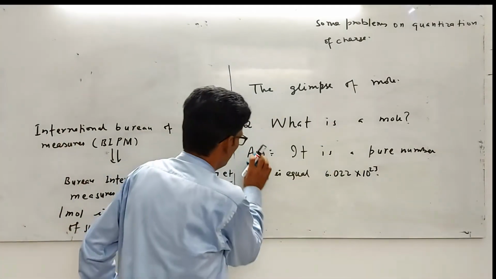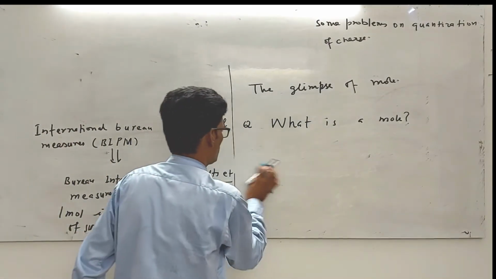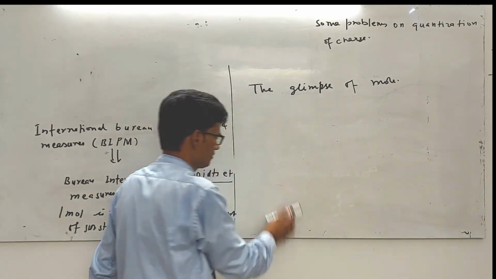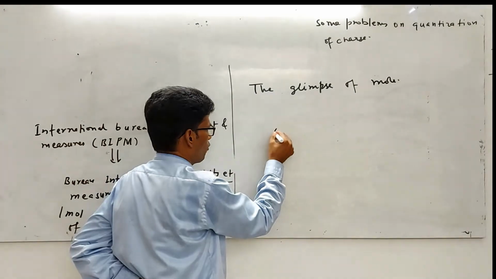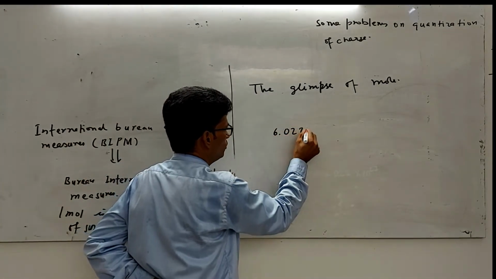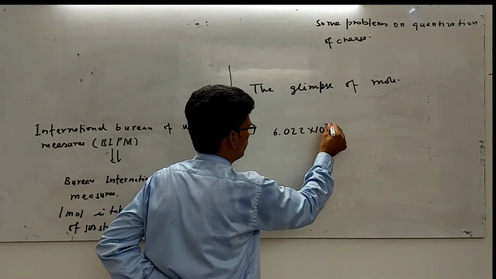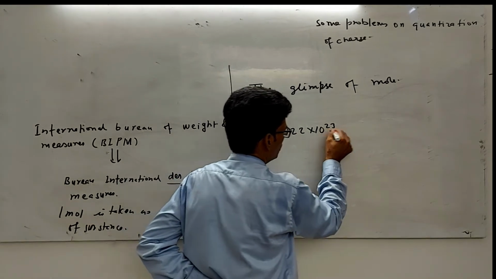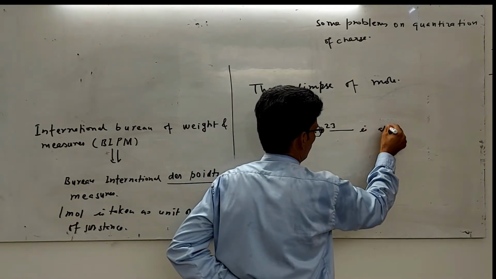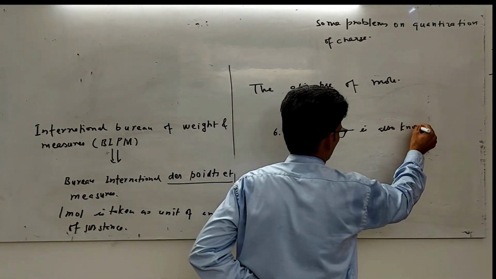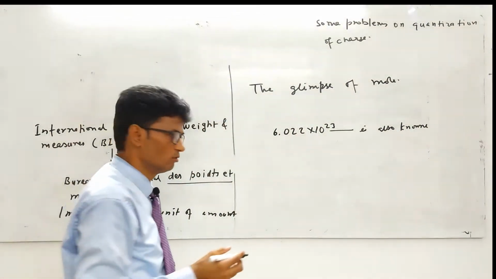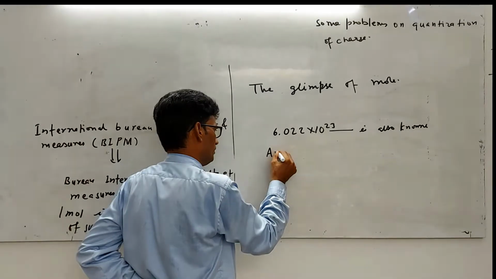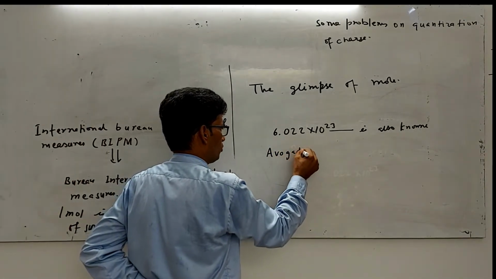So these are the things. Now, this rounded approximate number, 6.022 into 10 to the power of 23, is also known as the Avogadro number, Amedeo Avogadro.